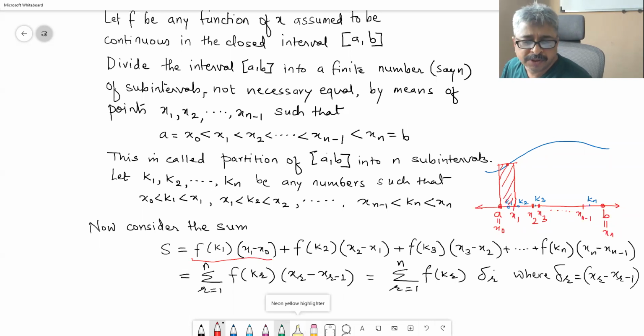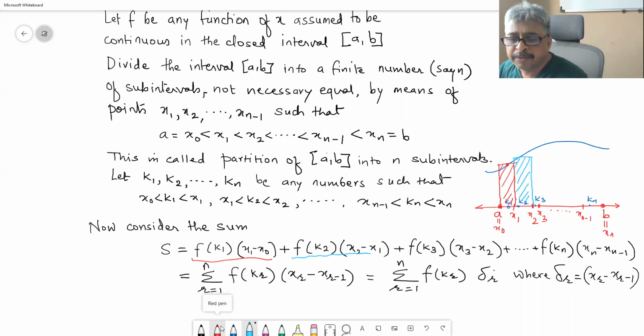What is our second term? Our second term is evaluate at k2. That is this point. Create a rectangle. This is our second term. What will be our last term?